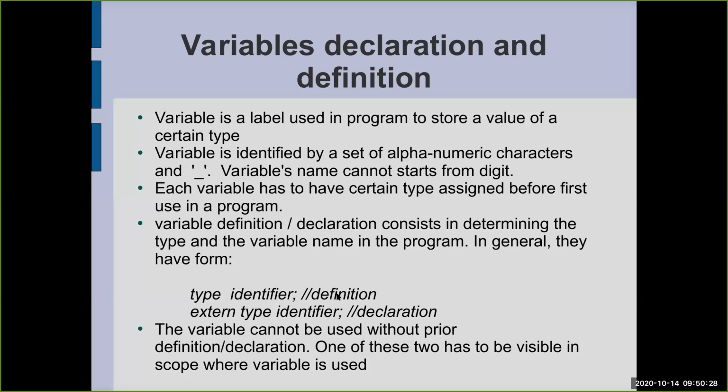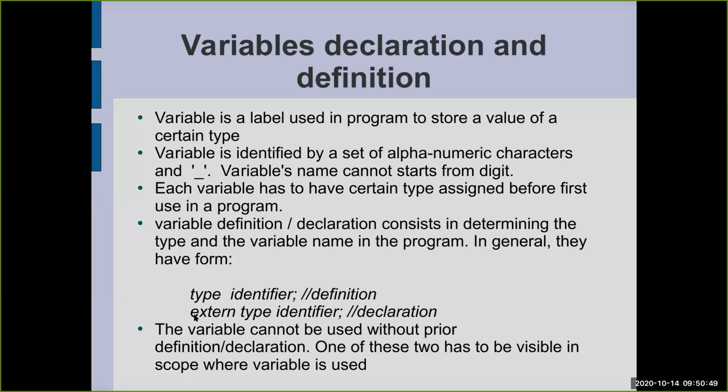Besides definition, we also have something which is called a declaration. A declaration tells the compiler that somewhere this variable is defined, and it is preceded by the extern keyword.